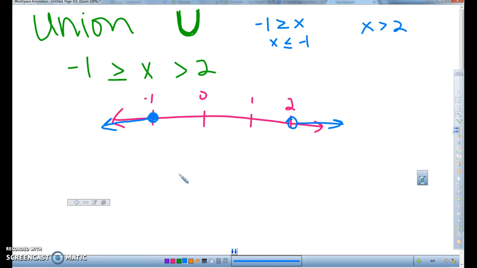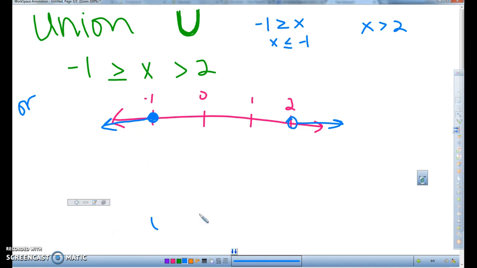This is where we have a union. A compound inequality containing the word or is true if at least one of the inequalities is true. It is the graph of a union. So if we see or, think of union. If we see and, think of intersection. Intersection, they overlap, they intersect. A union, they actually go apart from each other.